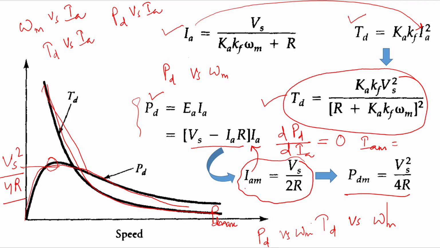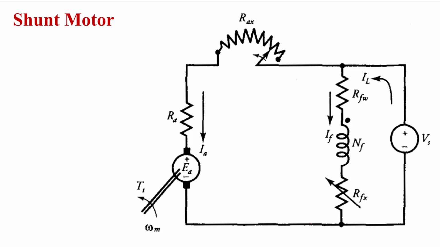Now I'll talk about the shunt motor. It has a similar structure to the shunt generator. So this is the structure of the shunt motor. Generally in the electrical machines lab also you connect like this: the armature circuit is here and it is connected through the starter resistance, and then the field is connected in parallel.